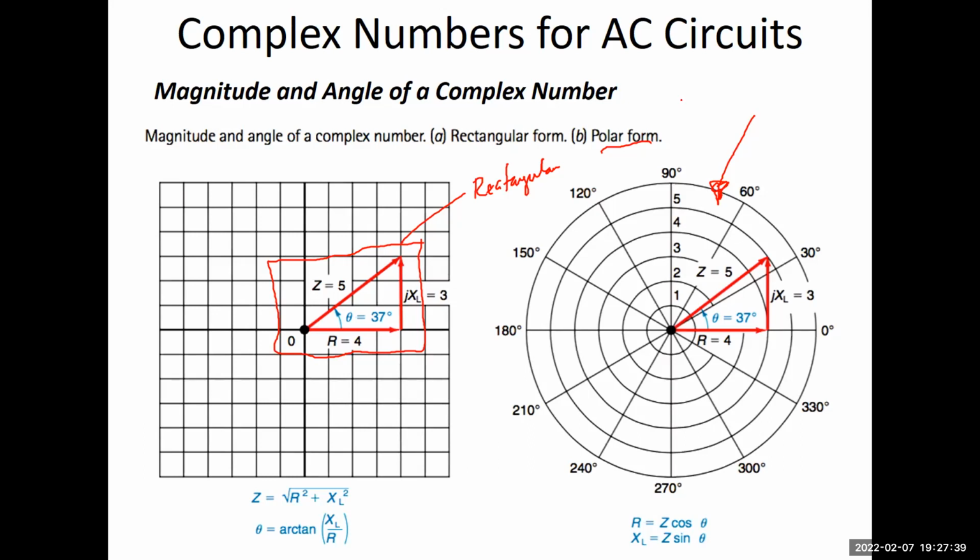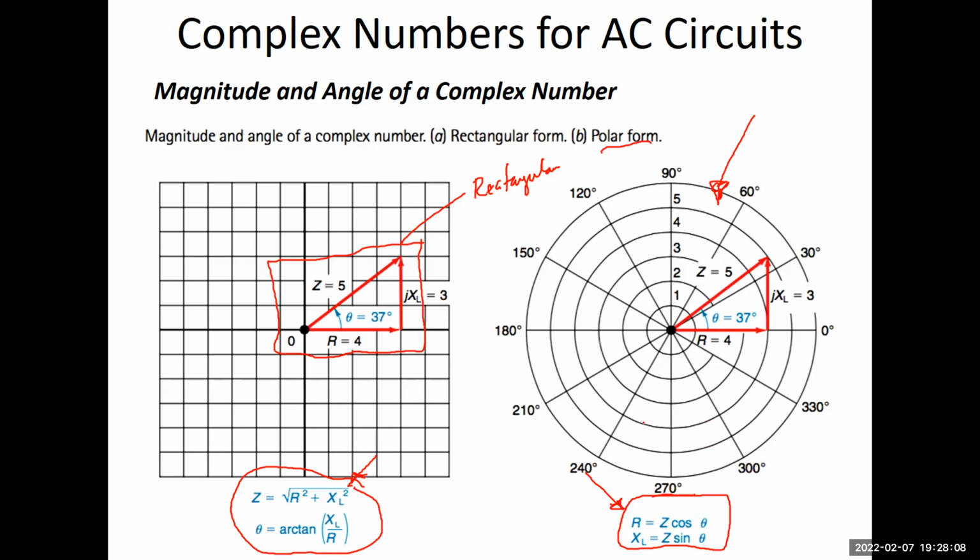Or else ito gagamitin nyo, itong mga equations na to. This is how you convert a rectangular form of complex number to polar form. And this is how you convert a polar form to rectangular form.